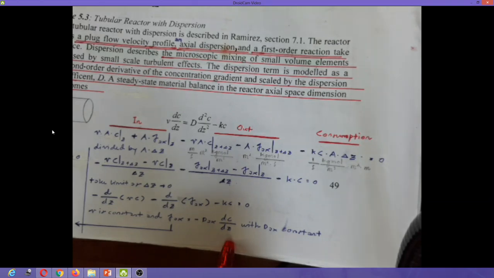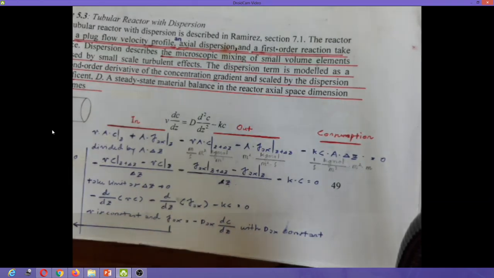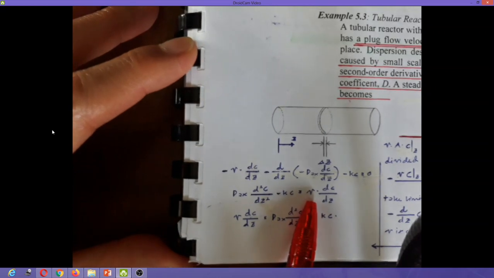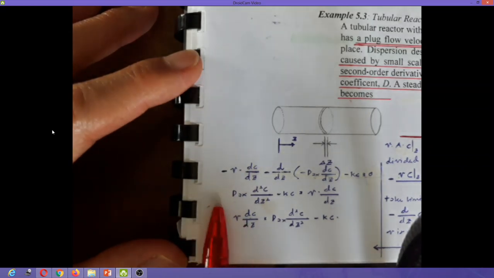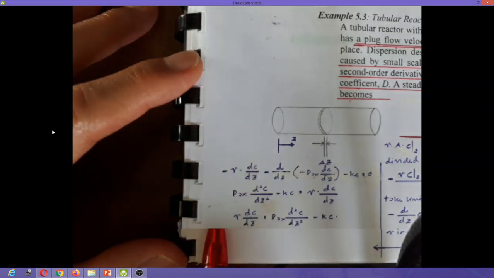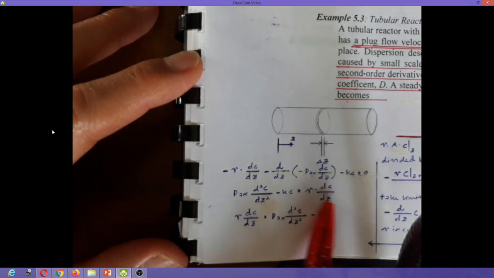Okay, if we continue the processing, then we will have this thing in here. Okay, and then further simplifications will give us the equation that we use over there: dC per dZ is equal to D_Ax multiplied by d square C per dZ square.